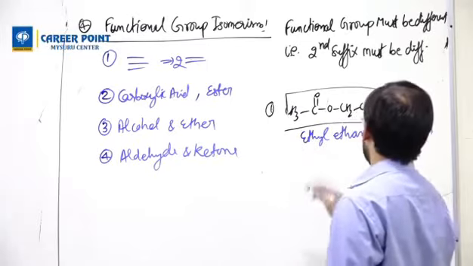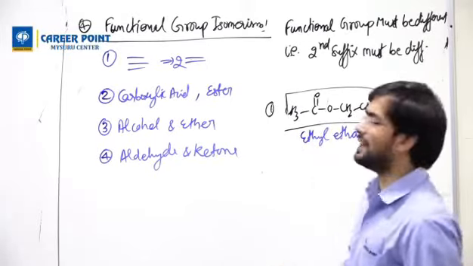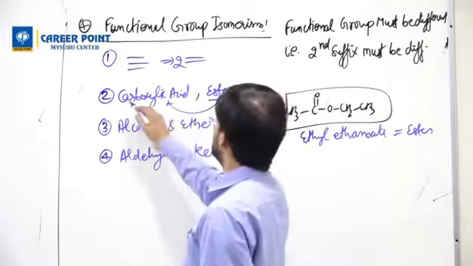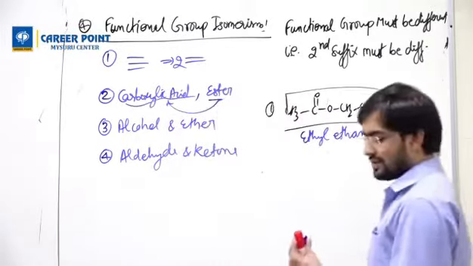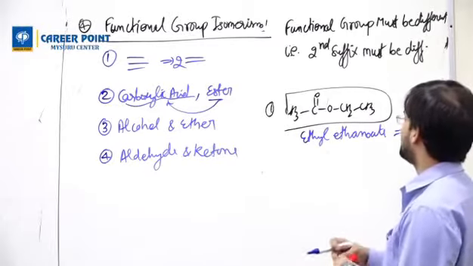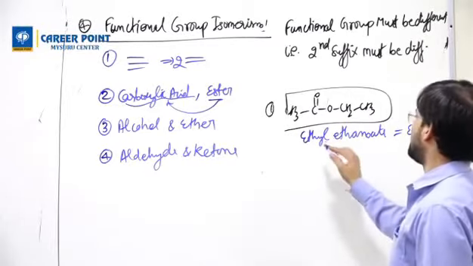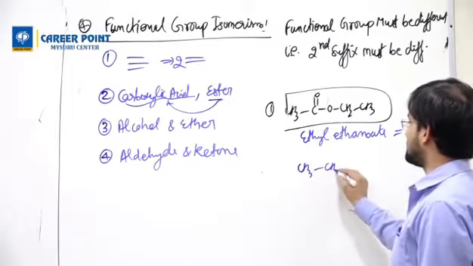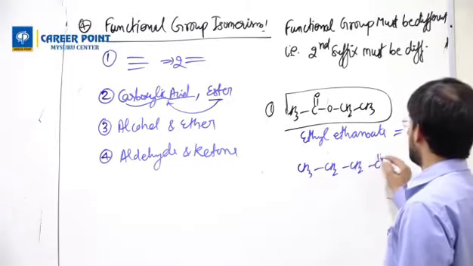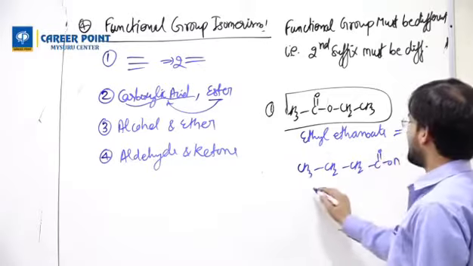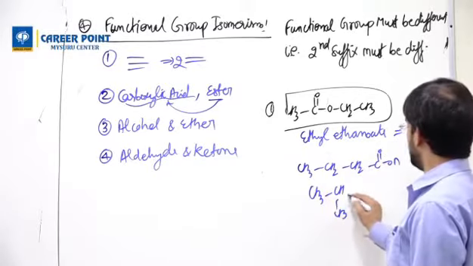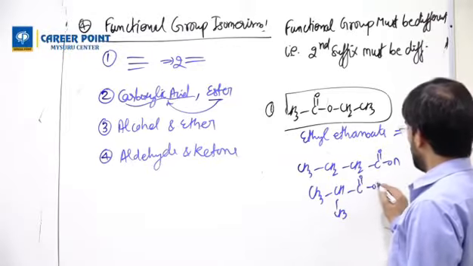Once you have ethyl ethanoate as an ester, then the next thing is that an ester is isomeric with carboxylic acid. So which carboxylic acid? I can simply write the simple one, CH3CH2CH2COOH, or I can write CH3CH(CH3)COOH.